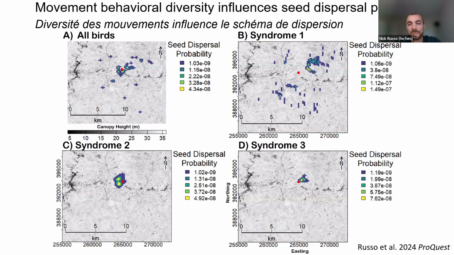But this time, the simulations are based on particular behavioral syndromes. There was one scenario involving all of the birds tracked in the study, and that was the scenario with the greatest diversity in both distances and directions of seed dispersal events.